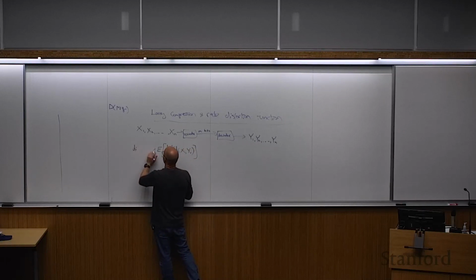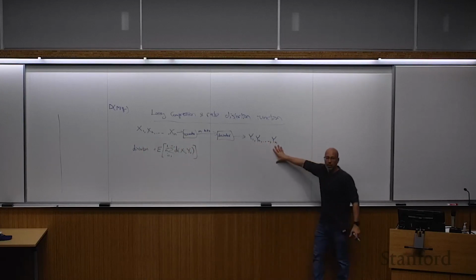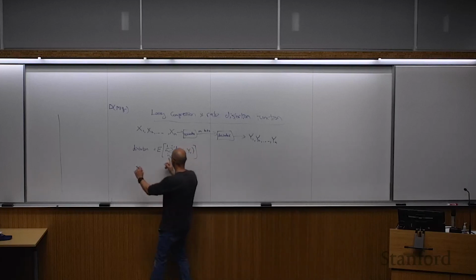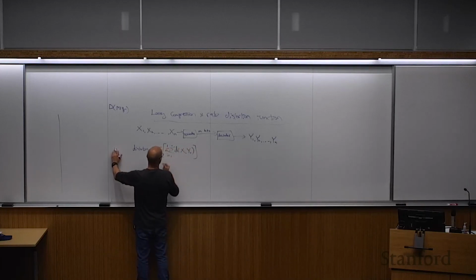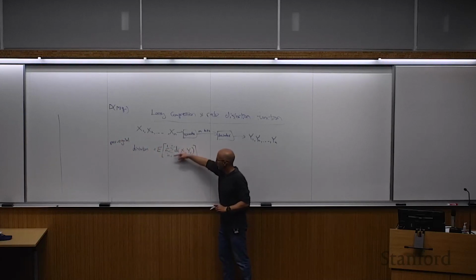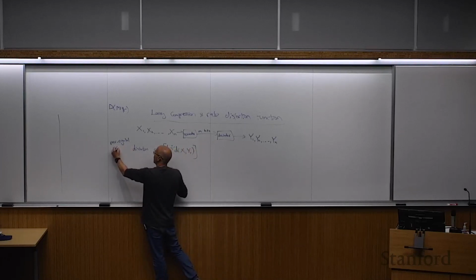So this is what we're going to colloquially refer to as the distortion that your scheme achieves. If you want to be totally explicit, it's the per symbol expected distortion, because we look at the sum of all these individual distortions, normalize, and then take expectation.